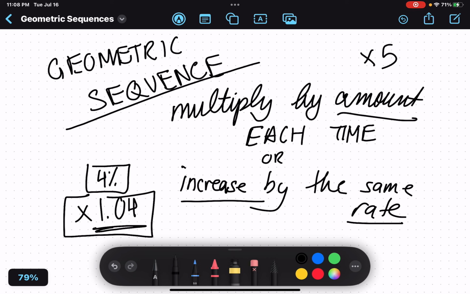It's very important. So now, it's easy to find, let's say, the third or fifth term in a geometric sequence because you're just multiplying something 3 times or 5 times. And that could be done in under a minute. Very easy. But let's say you wanted to find the millionth term.